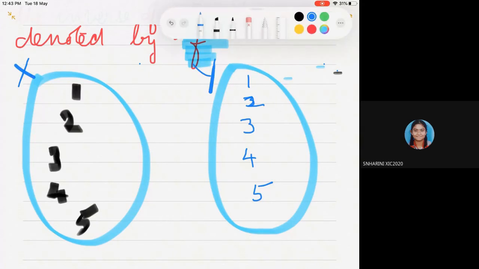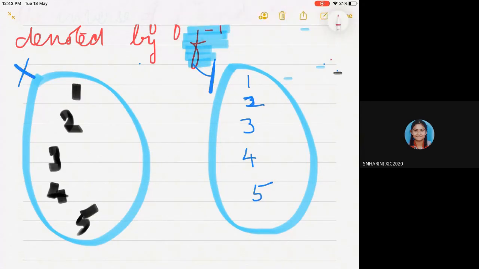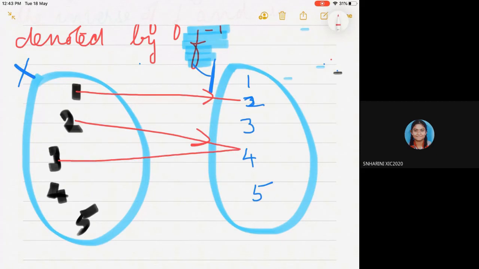The image of 1 is 2, the image of 2 is 4, the image of 3 is 4, the image of 4 is 5. This function I'm calling f.